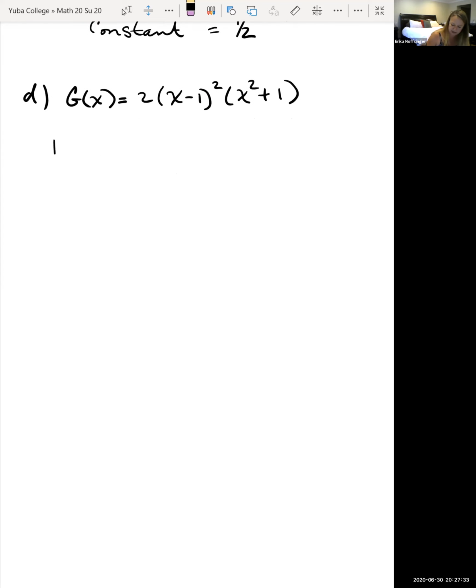First question is, does this represent a polynomial? So what do you guys think? You can all do thumbs up or thumbs down. Thumbs up if you think it's a polynomial, thumbs down if you don't.